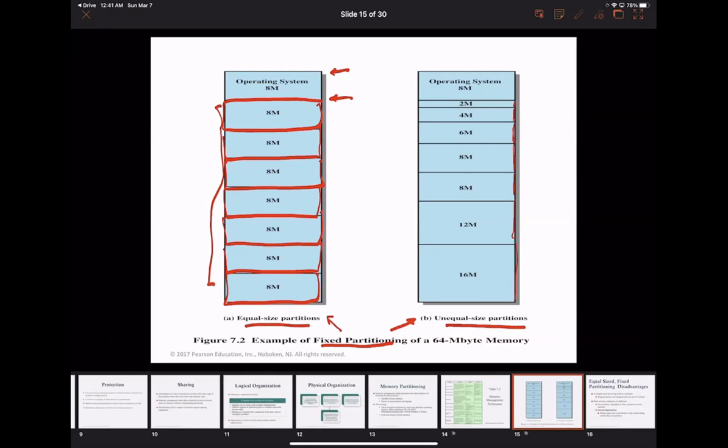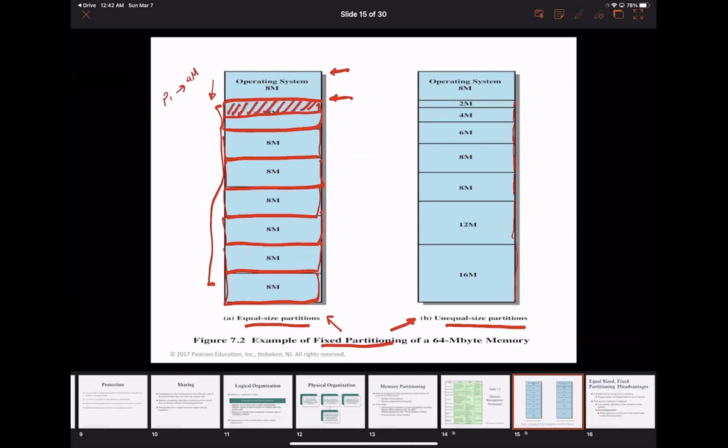If we have equal size partitioning, in this case, any process of size less than or equal to the partition size can easily be loaded into any available partition. So assume now I have a process 1 of size 4 megabytes, and we assume that we scan the memory from the top to the bottom, and then the process may reside in the first partition over here.